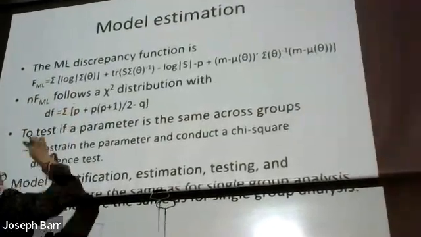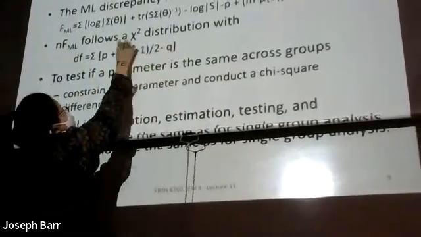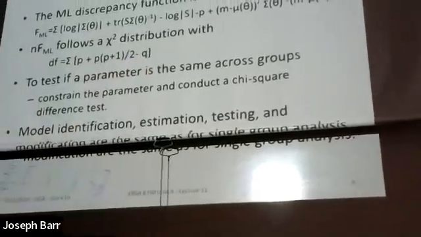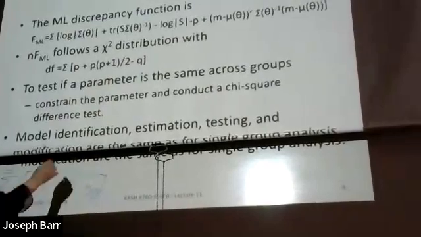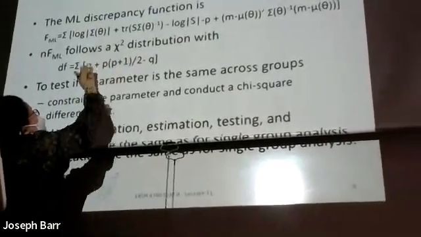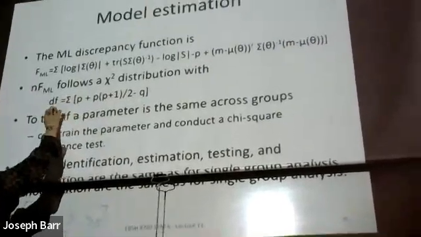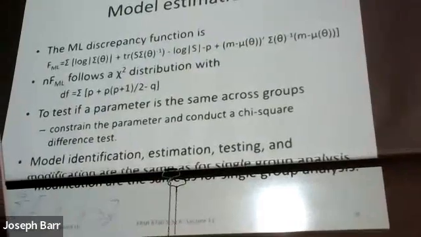Again, this should be a sum. The sum of this is for each group. So we have P, the number of variables, and Q, the number of parameters. So we have the degrees of freedom for each group, and then get the sum. That is the degrees of freedom for multiple groups. Okay.